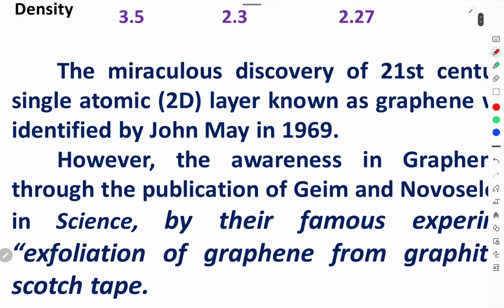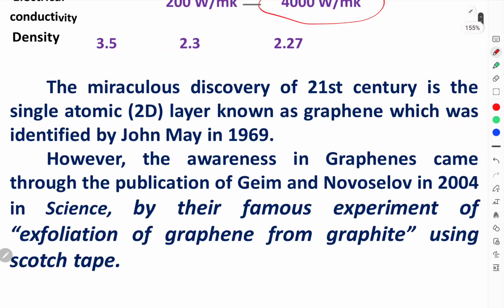The miraculous discovery of the 21st century, single atomic layer known as graphene, was identified by John May in 1969. However, the awareness of graphene came through the publication of K.S. Novoselov in 2004 in a very famous journal, Science, by their famous experiment, exfoliation of graphene from graphite using Scotch tape.